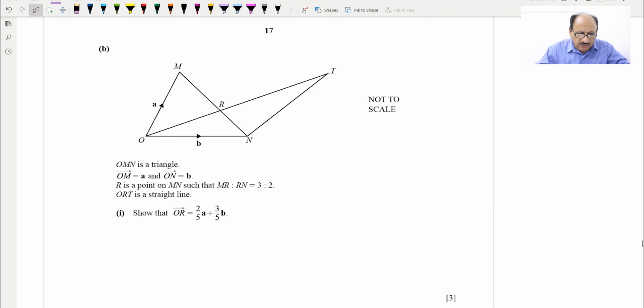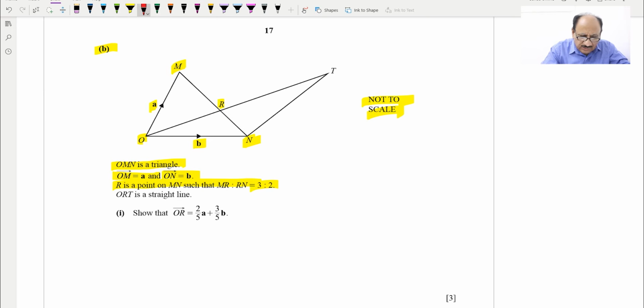Then comes to this B part, and B part says this is a vector question. Diagram is not to scale. OMN is a triangle. OM is equal to a, and ON is equal to b. R is the point on MN, this one, such that MR and RN are 3:2.